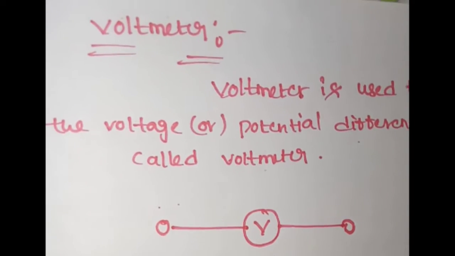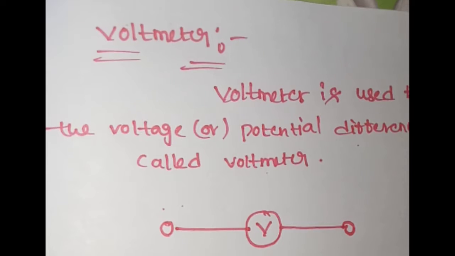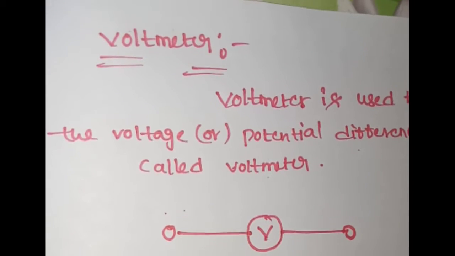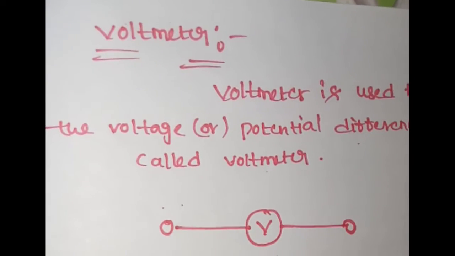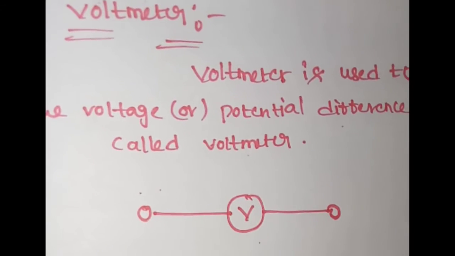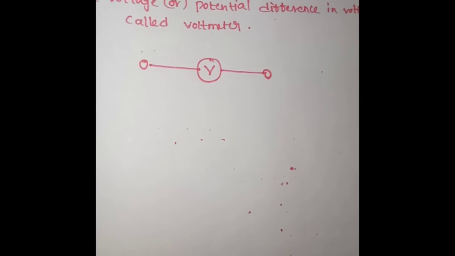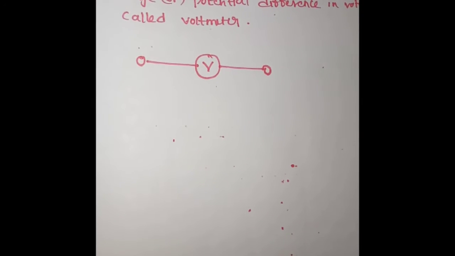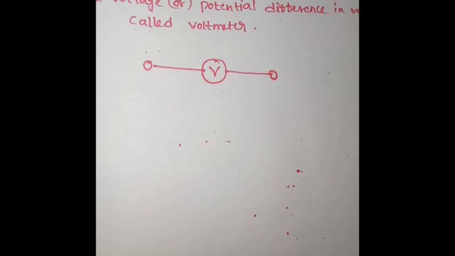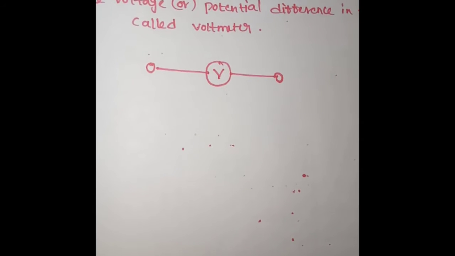The reason is the voltmeter is constructed in such a manner that its internal resistance is always high. If you connect it in series with the circuit, it minimizes the current which flows, because of the measured voltage.